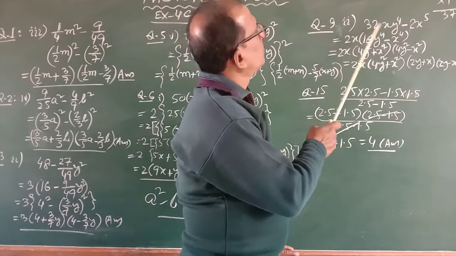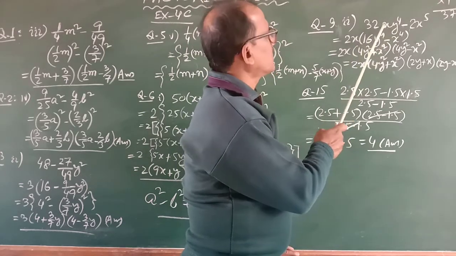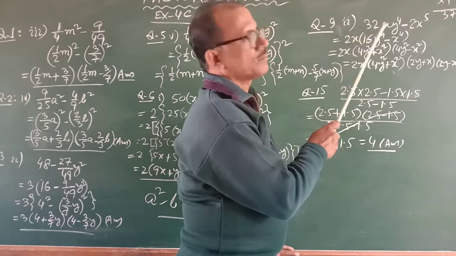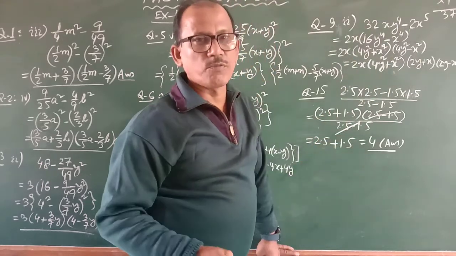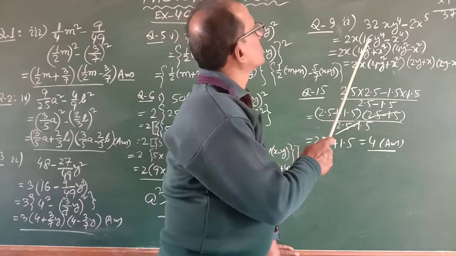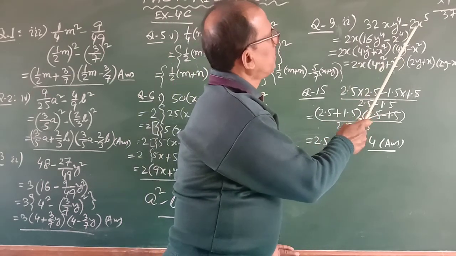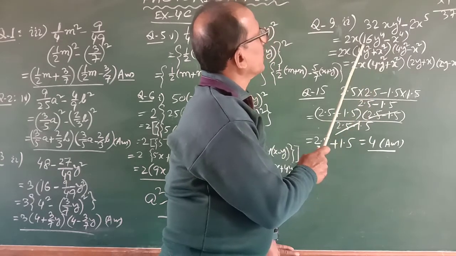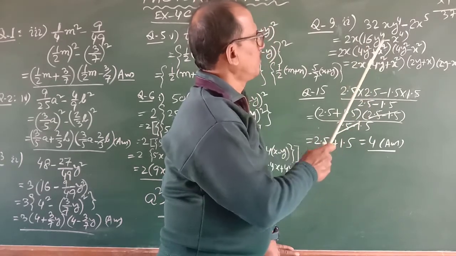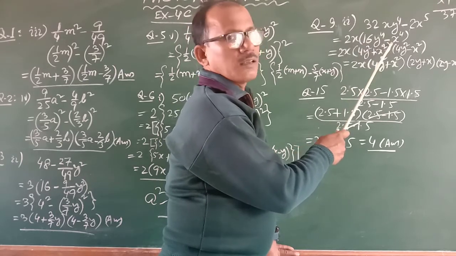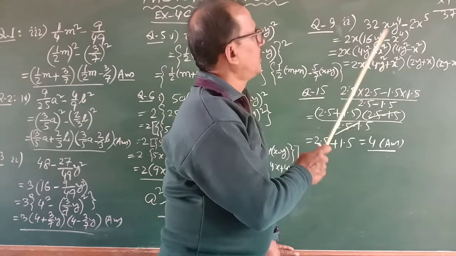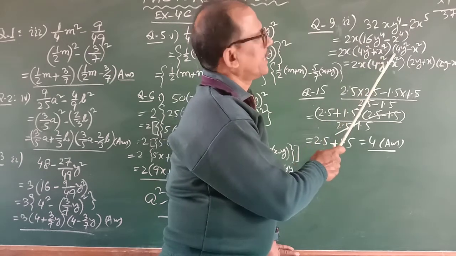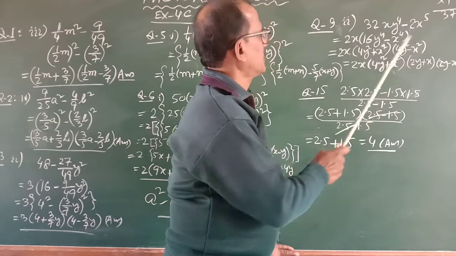So if you take 2x from both, then 16 y to the power 4 will remain. 16 y to the power 4 is a perfect square. So minus, 2x common means x to the power 4 remains. So here is a square minus b square. So what will a be? 4y square will become a, and x square will be b. So a plus b will be 4y square plus x square, and a minus b will be 4y square minus x square.